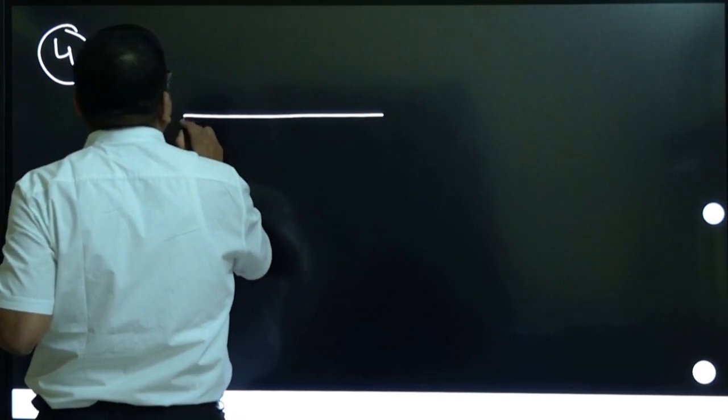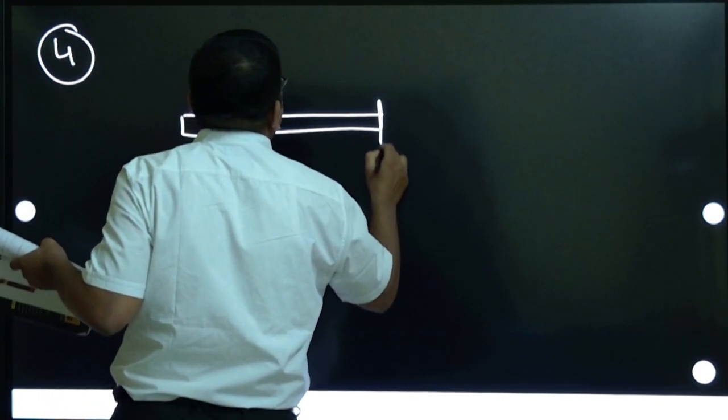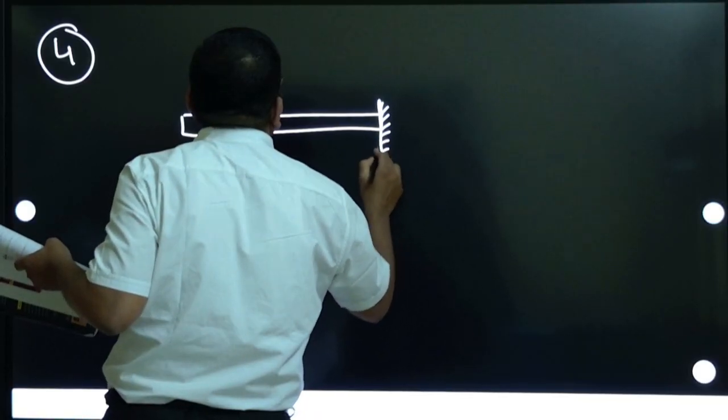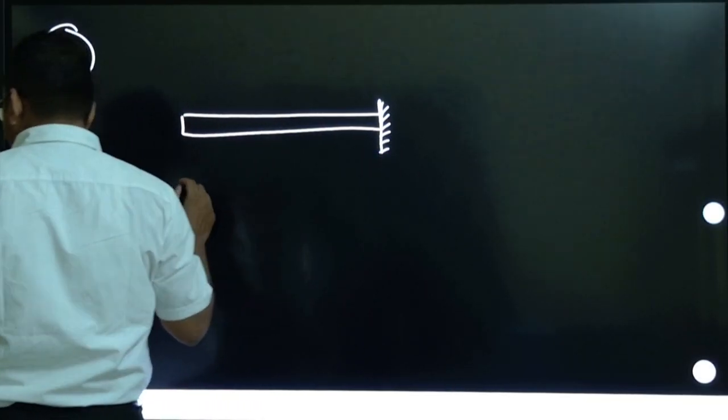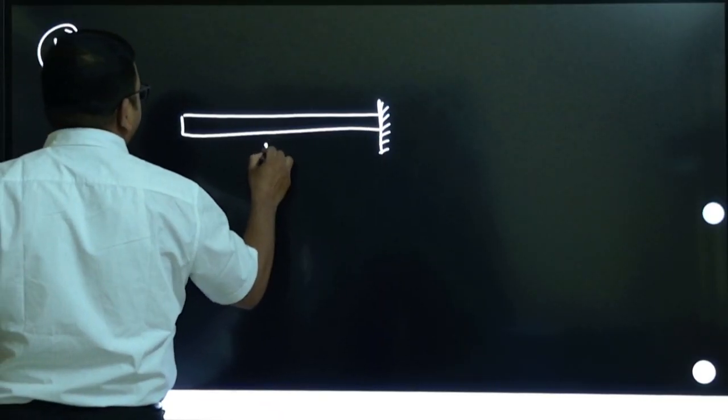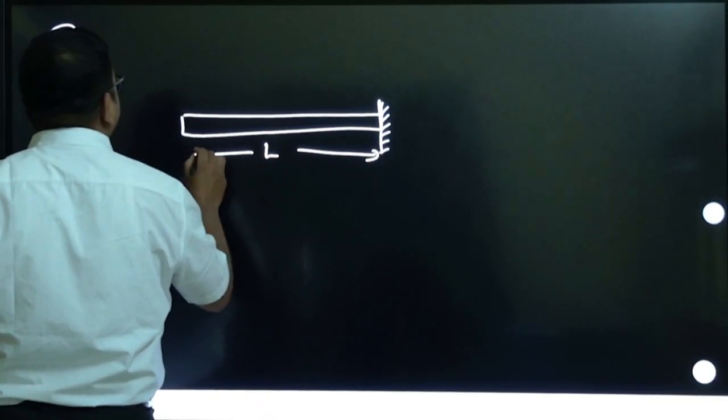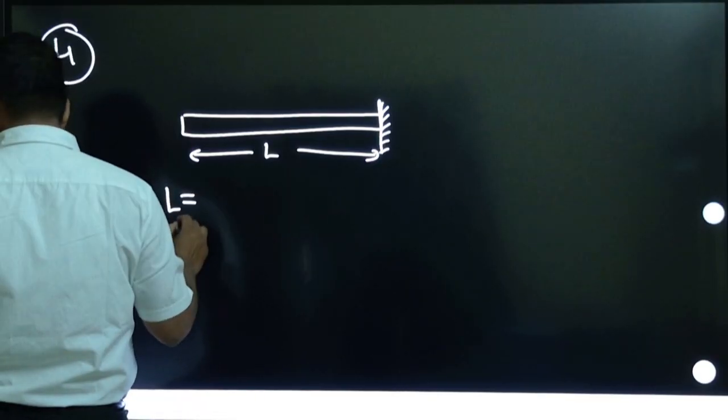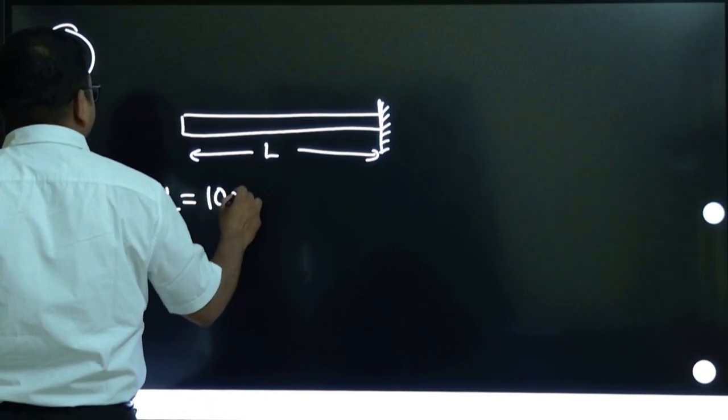Question number 4. A 10-meter long rod of given density and Young's modulus is clamped at one end. So this is a rod, clamped here, and the length of the rod is 10 meter.